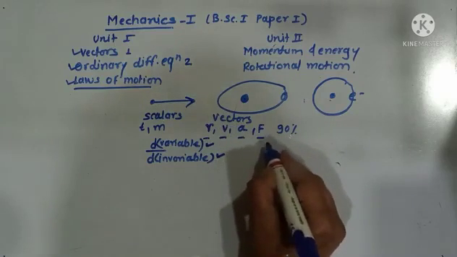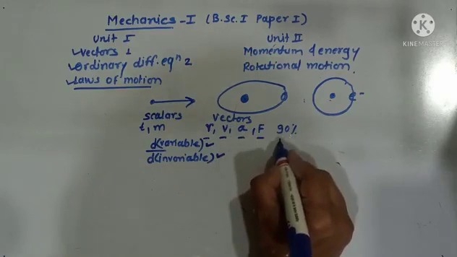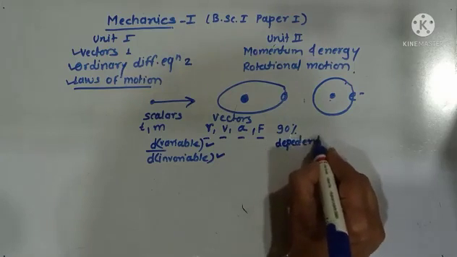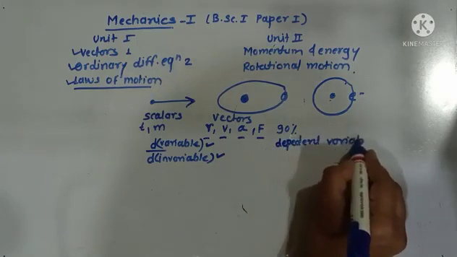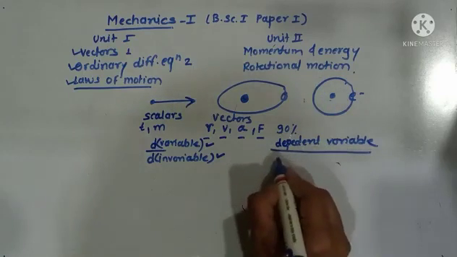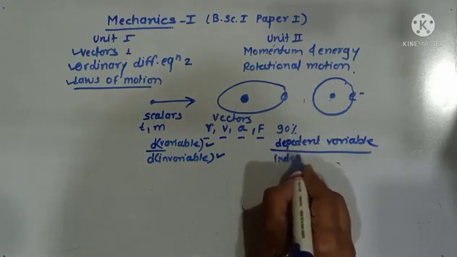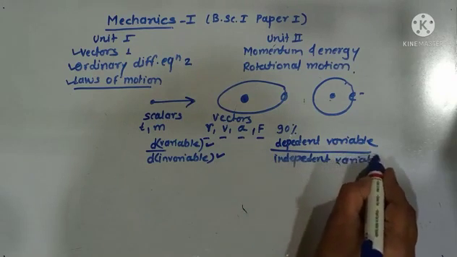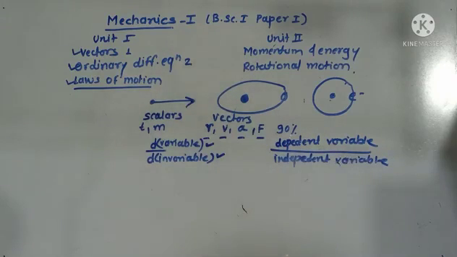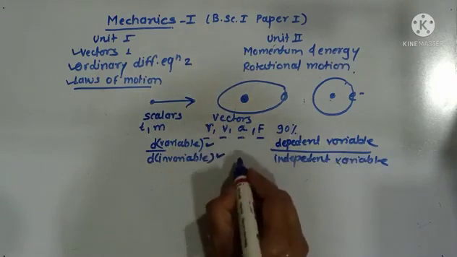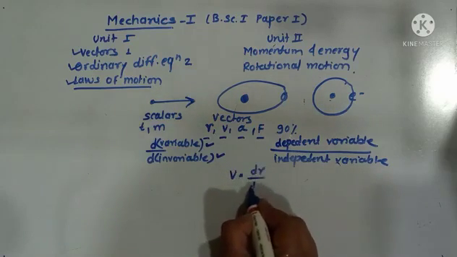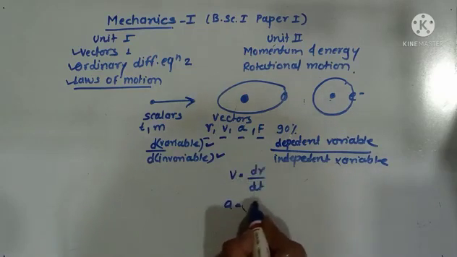In the numerator it is the dependent variable, with respect to the independent variable. As we know, velocity is nothing but the rate of change of displacement with respect to time, and acceleration is the rate of change of velocity with respect to time.